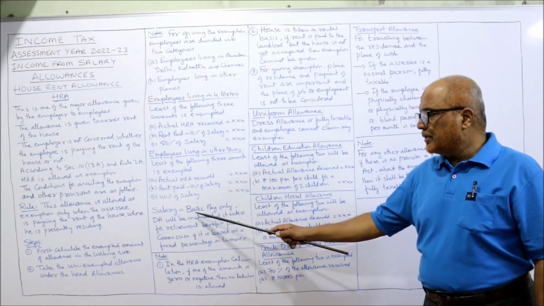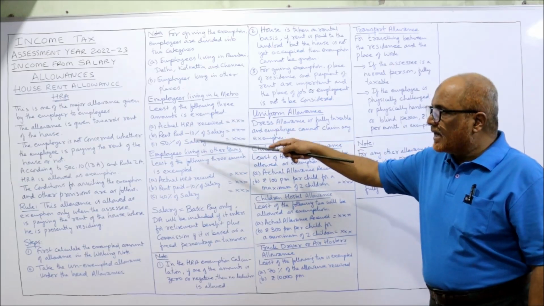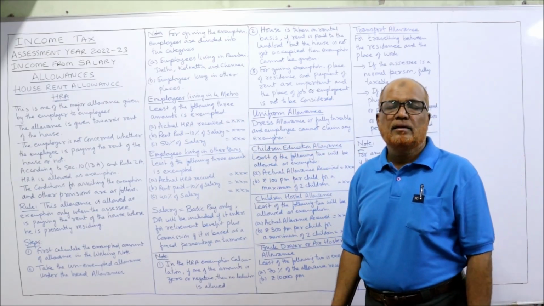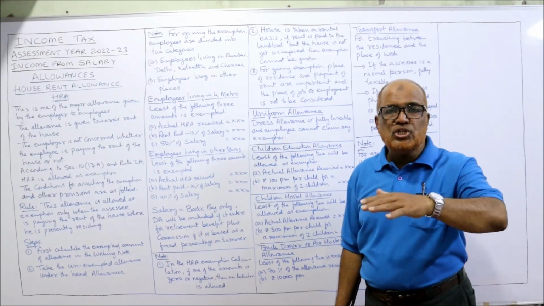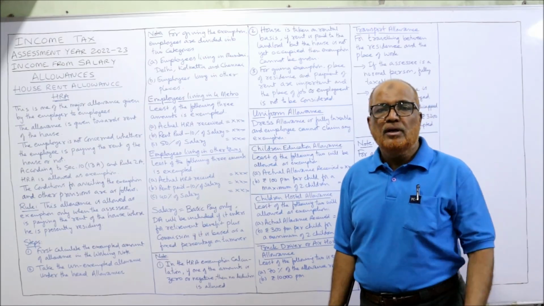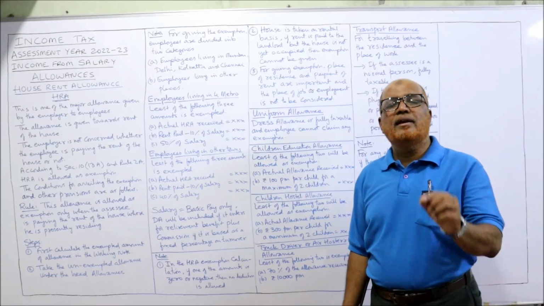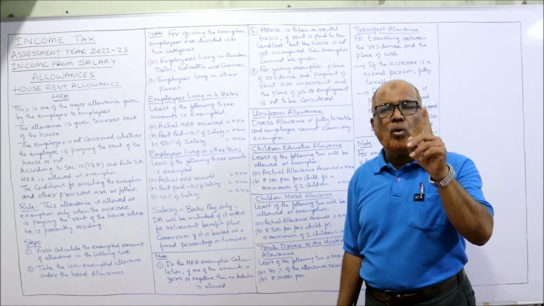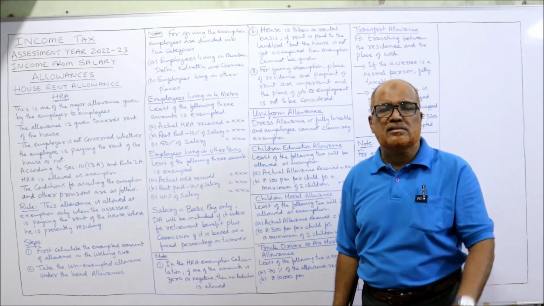Now, first of all, for calculating this exemption amount, you must know the meaning of the term salary. Remember, the meaning of salary will change from provision to provision. In the previous video, I explained entertainment allowance, EA, where salary means only basic, nothing else.